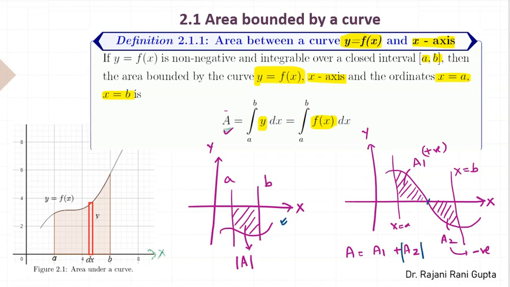The point where the function intersects the x-axis, let's say the point will be C. How do you find this point? You find it by substituting y = 0. Let's see with the help of an example how to work with these three cases.